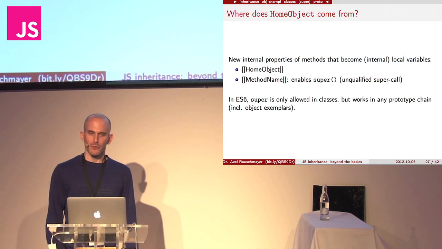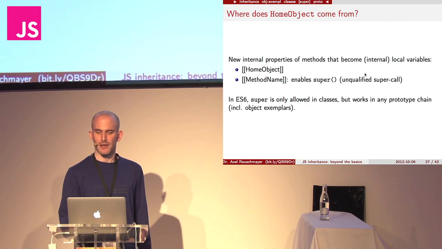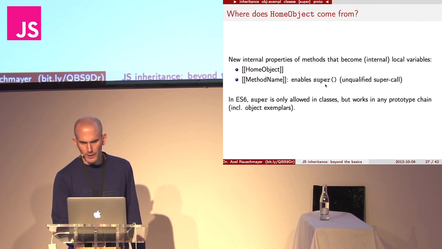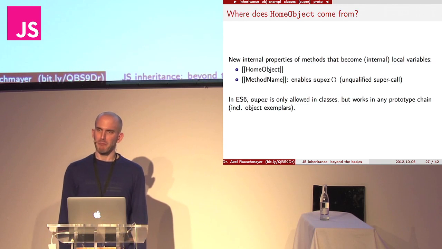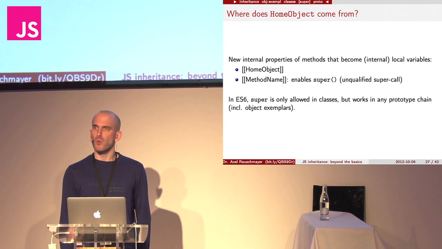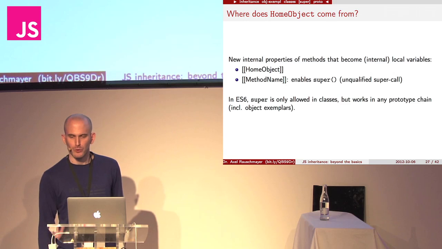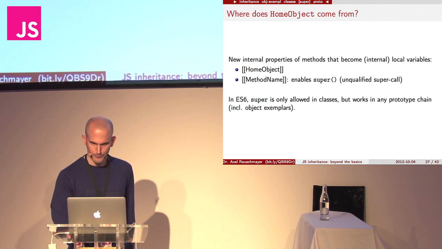One will be HomeObject, and the other one will be method name, which allows you to omit the name of the method and to do this unqualified supercall. In ECMAScript 6, super is allowed only in classes, but in principle, nothing would prevent the scheme from working in any kind of a prototype chain, and it would work just perfectly with object exemplars.